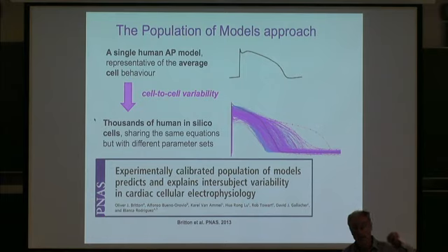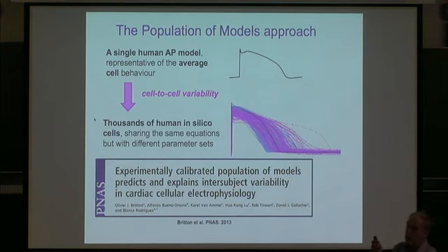Does that simulation calibrate against the experimental data I have, whatever that experimental data might be? If it does, then that model is in my population. And you do that a number of times in some appropriate way in terms of sampling this parameter space, and you build up this population of models.